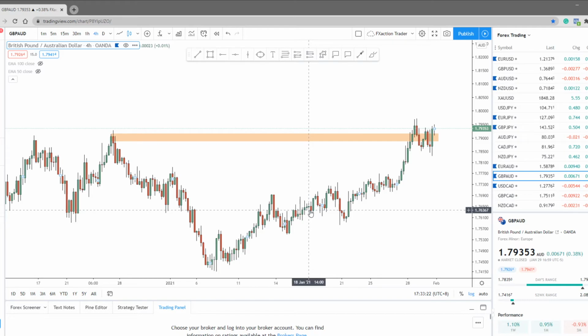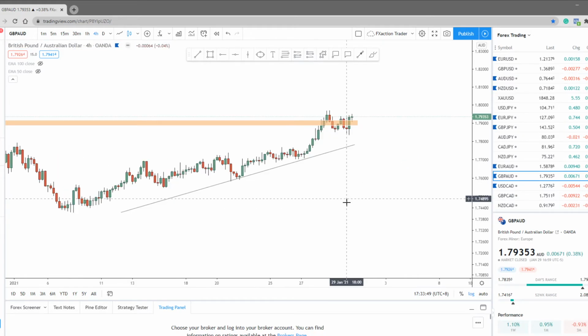Alright, so let us go back to the chart. You can see that the market is trading to the upside, and the market has broken this resistance level. And on H4, what we can see is that there is a double bottom being formed at this level.